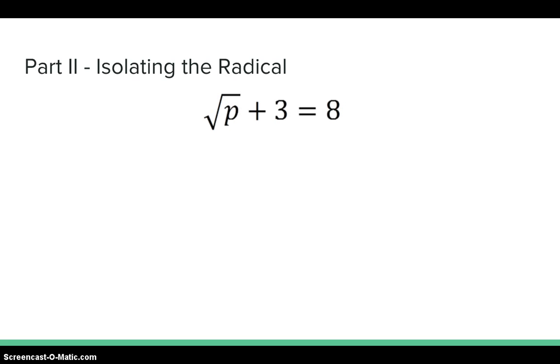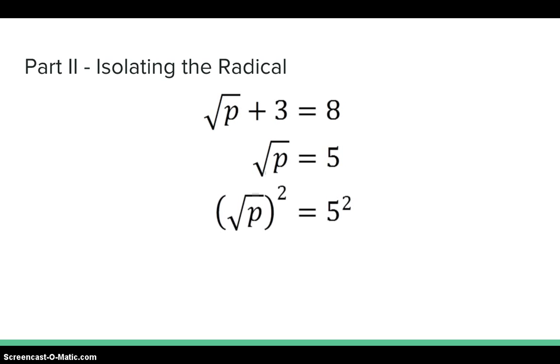So instead, I'll subtract 3 from both sides, which gets rid of this 3. 8 minus 3 is 5, and now I just have the square root of p equals 5. This looks just like our last problem. We can square both sides, get rid of that radical sign, and end up with p equals 25.